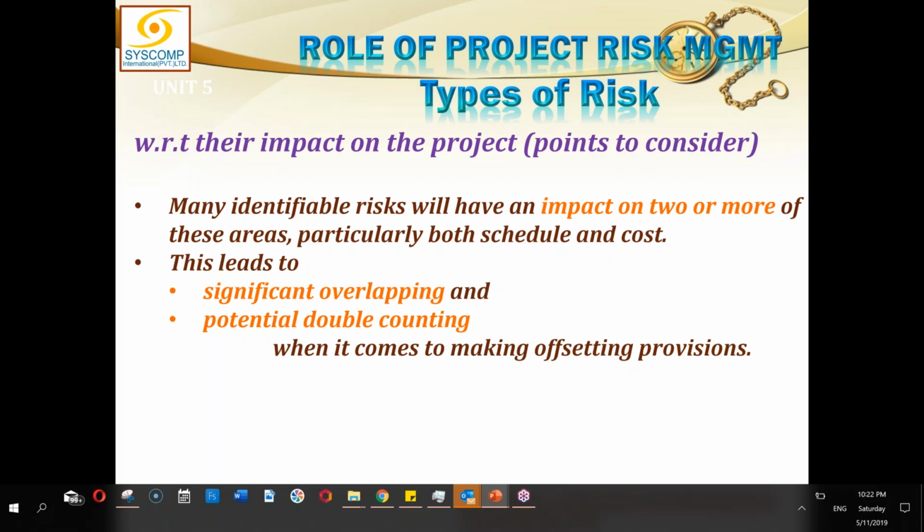So that risk will be identified from the scheduling as a schedule risk also, and as a cost risk also. So I must understand that the risk is the same, the effect has an impact on both schedule and cost. So I have to be really very careful when I am defining and designing the statement of the risk.